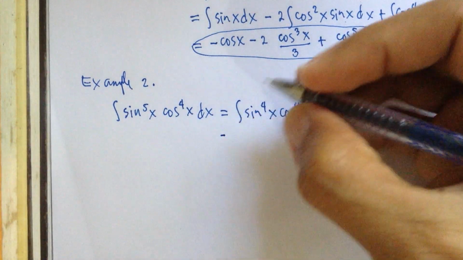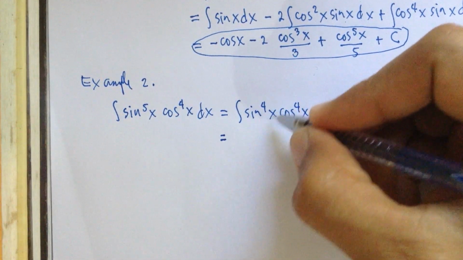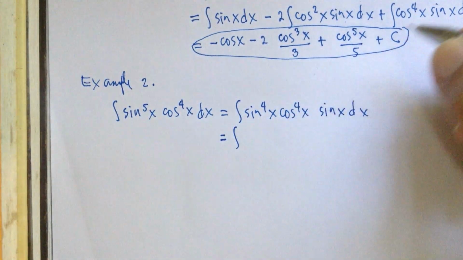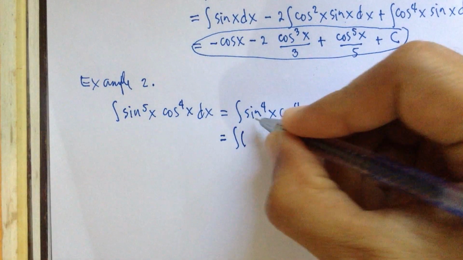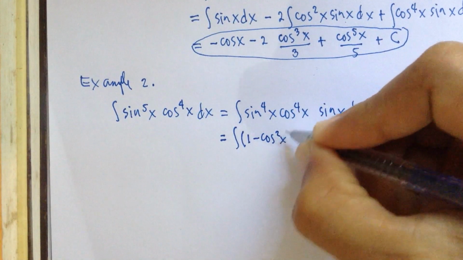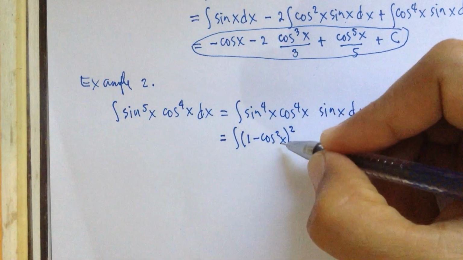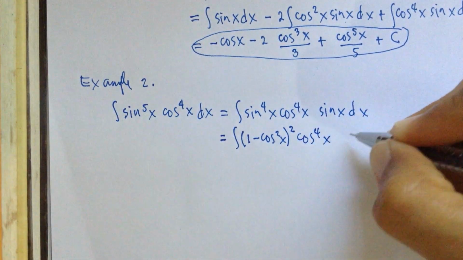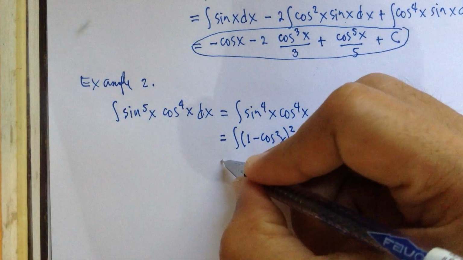But what to do with this one? This needs to be converted to cosine, and to do that we use again the identity we have a while ago. So this can be written as 1 minus cosine squared x, then squared, because this is to the fourth, right? This is your sine squared. Then you have cosine to the fourth of x, then sine x dx.